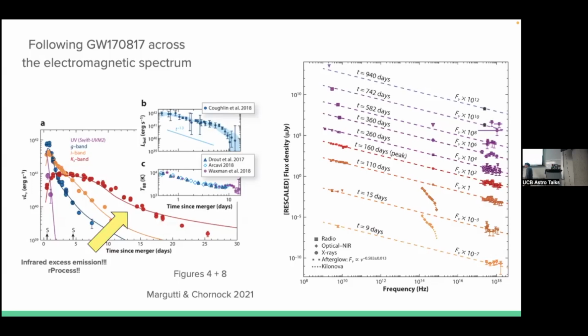So we just watched with our very own eyes, hundreds of astronomers across the globe, we just watched the signatures of the r-process. We just watched the birth of a whole bunch of those heavy elements. Pretty phenomenal. And we watched it not only with light, but also in gravitational waves.